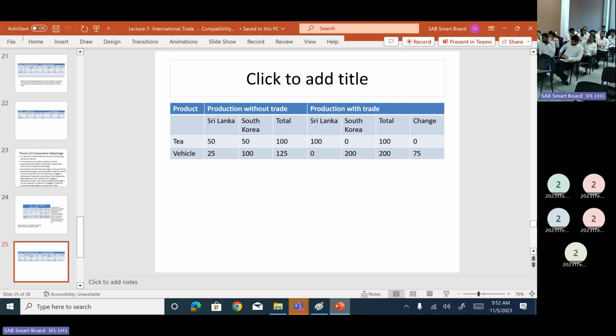So this is the change. The world tea output does not change, but the vehicles world output increased by 25. The exchange increases the output by 75.